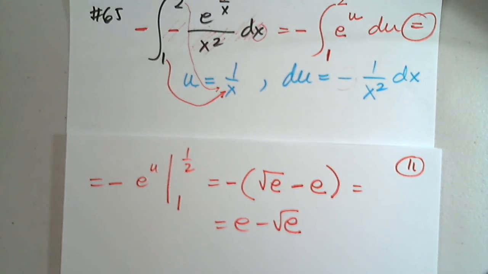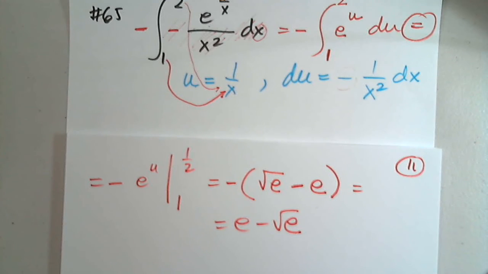Now, if you want to, for the definite integral, you can check with the graphing calculator. There is no need, but we can. So let's do that. So we have from 1 to 2, and of course dx, and the integral is e to 1 over x and everything divided by x squared.